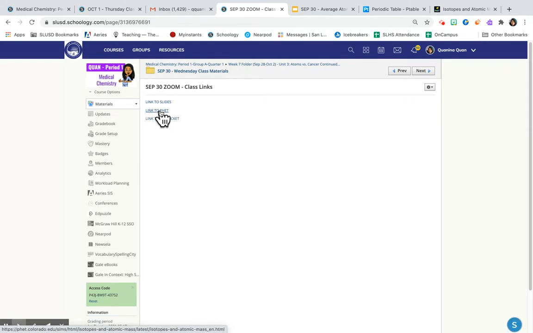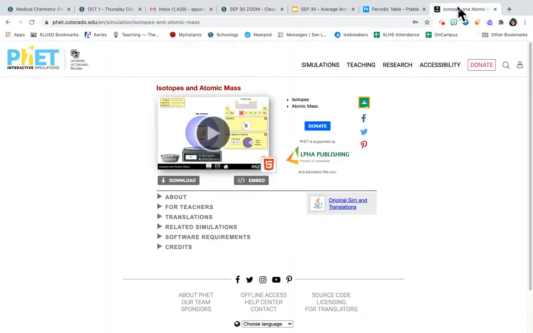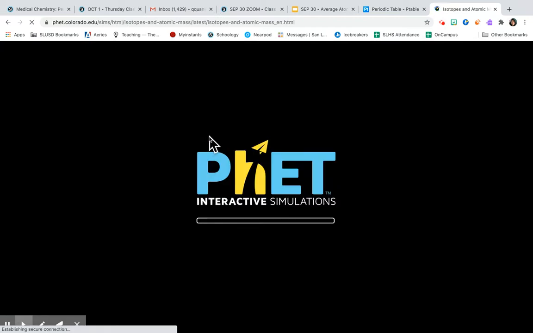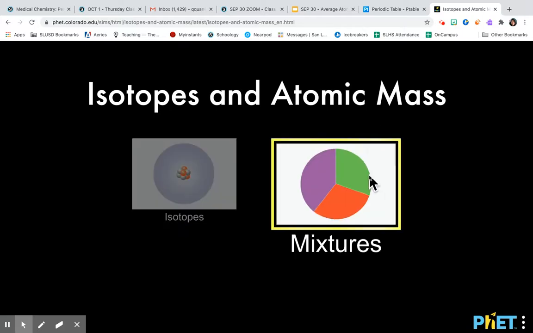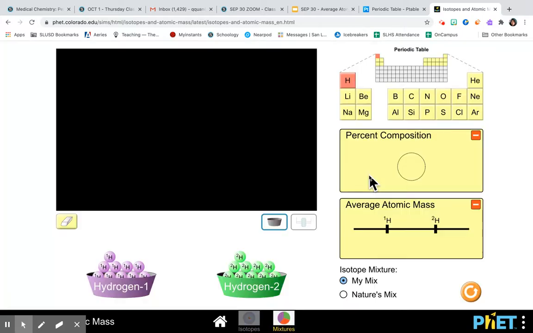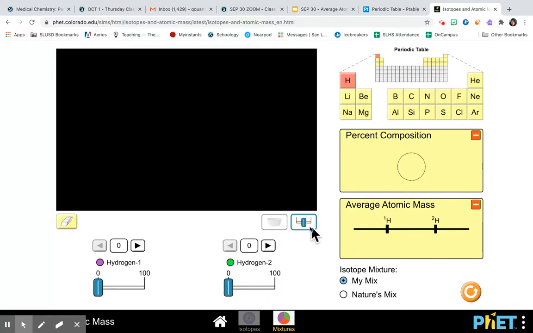If you open that up, it will look like this. You're not going to click on isotopes. Rather, you're going to click on where it says mixtures. There are a couple things I would like you to change. On the bottom button below the box on the right-hand side, go ahead and click the scroll bar.